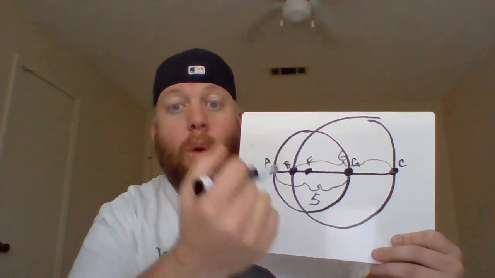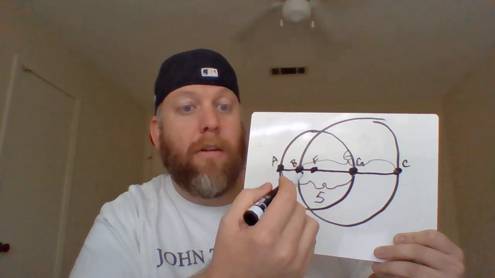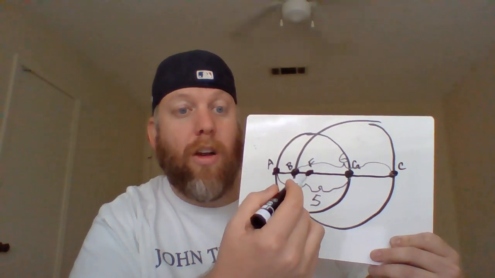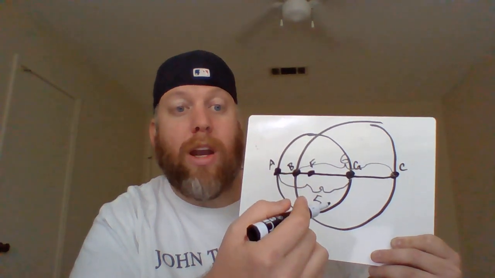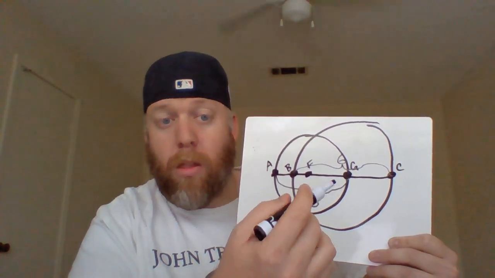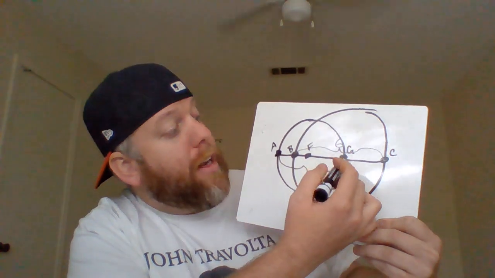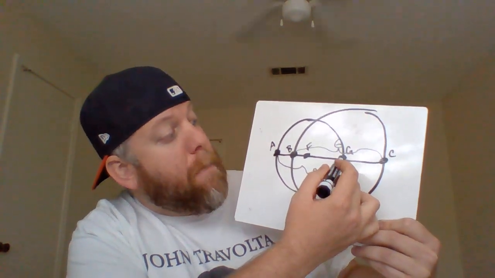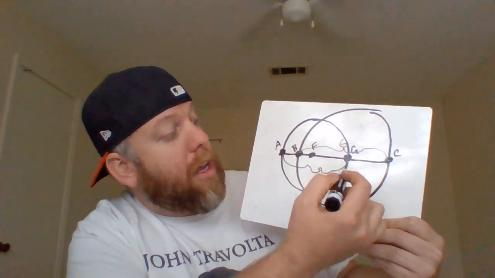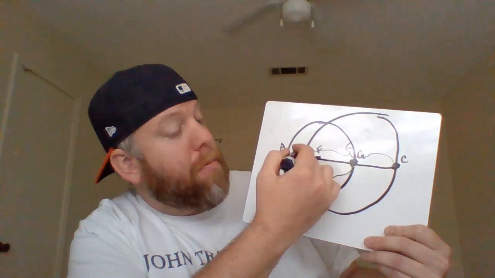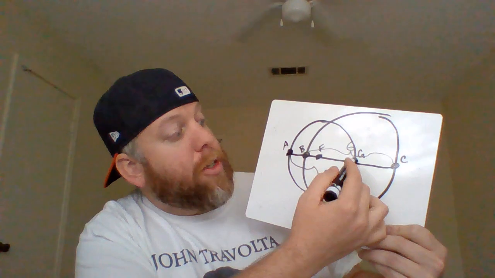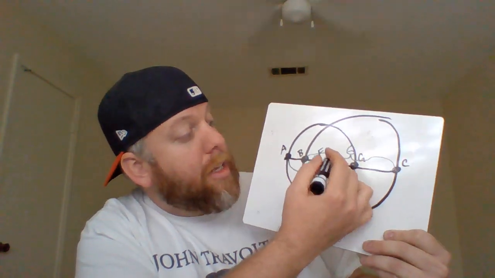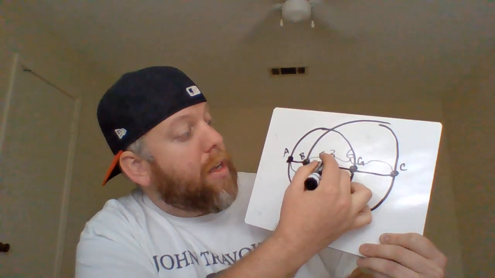Now I want to know what is the length of BF. BF is this tiny little section right here. Okay, so we're going to be dealing with the circle's radii, each one of them. So first, we need to identify how long is G to B. Well, if C to B is 6 units, then G to B is going to be 3 units.